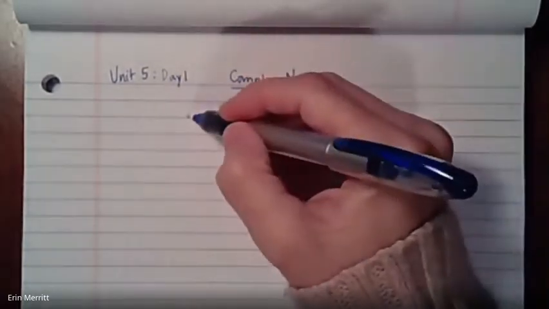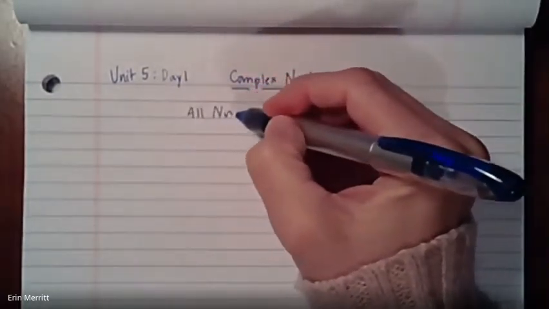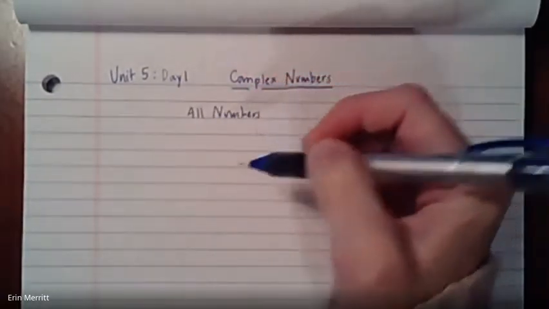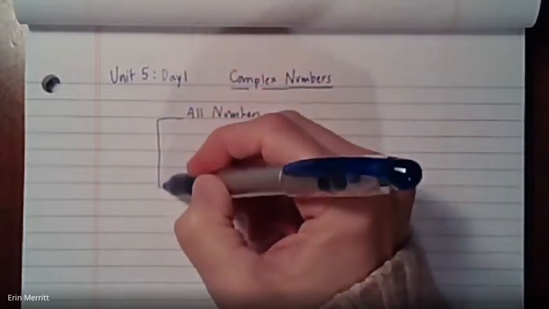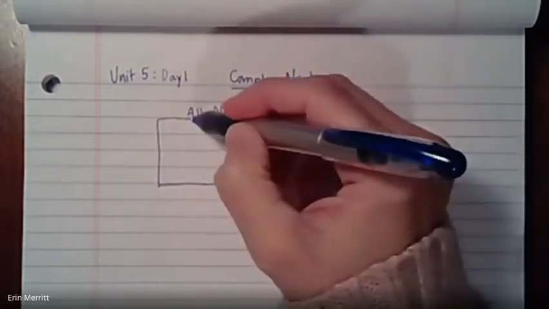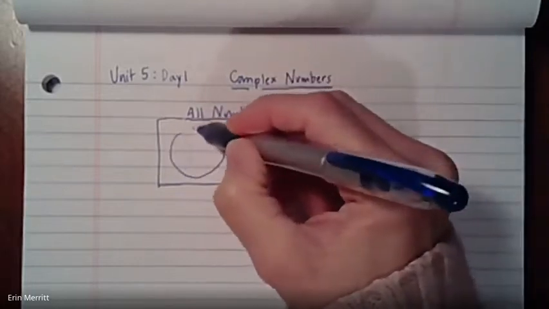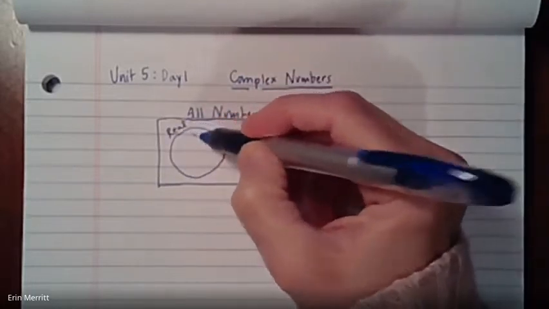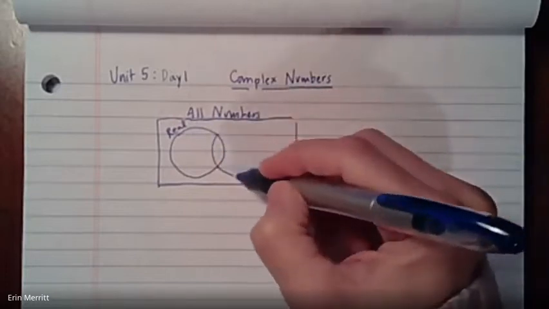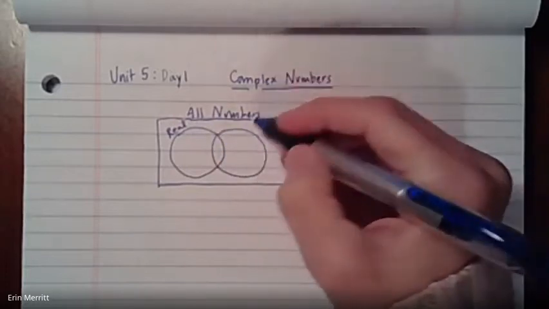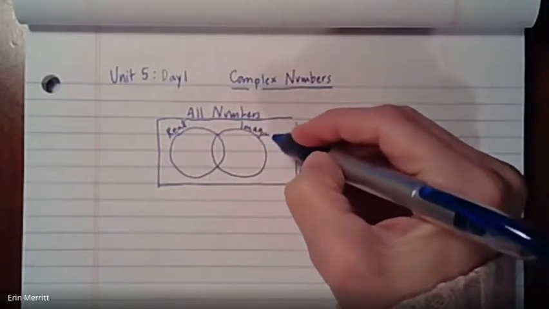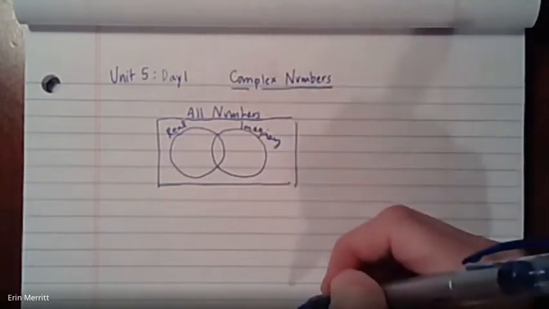Well, if I think about all numbers, any number I can possibly think of, we'll make ourselves a cute little Venn diagram here. One circle would represent all the real numbers, right? And then we have something called imaginary numbers, and we'll talk about those within this unit.